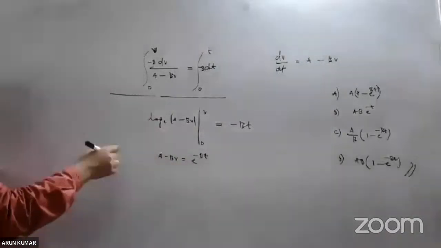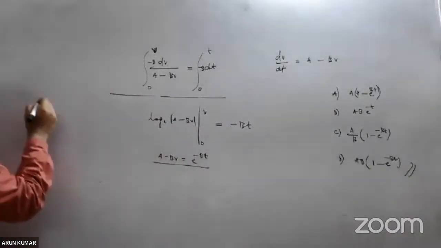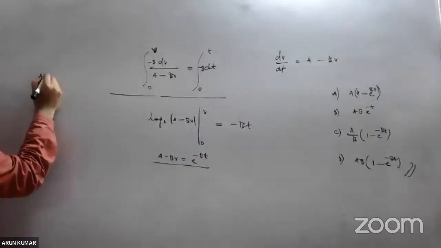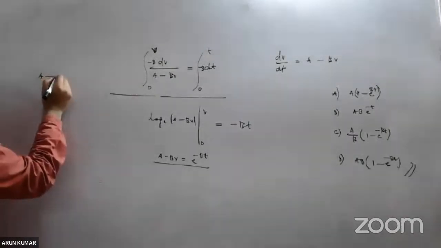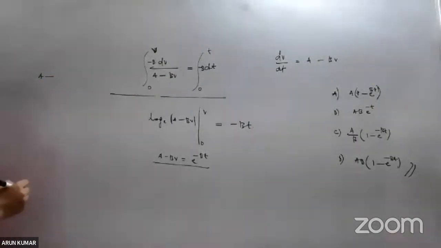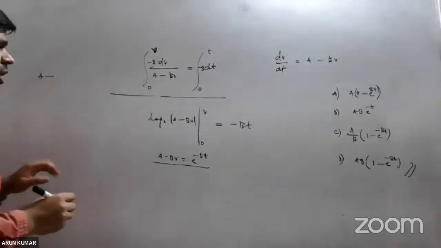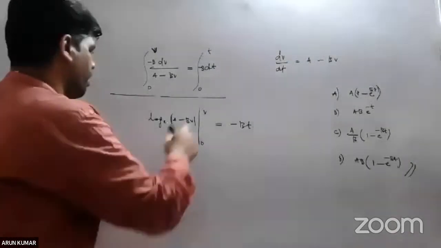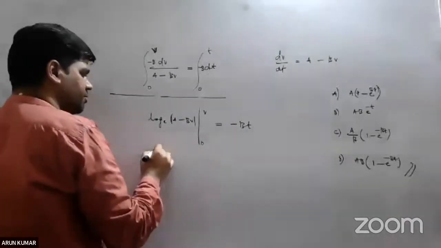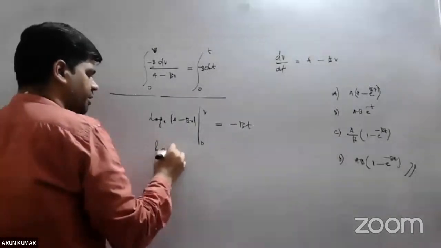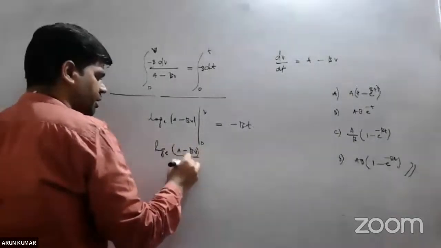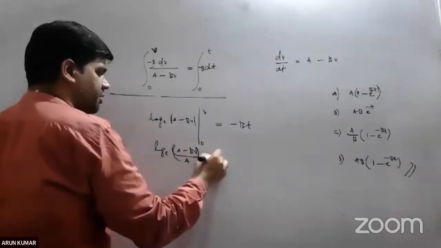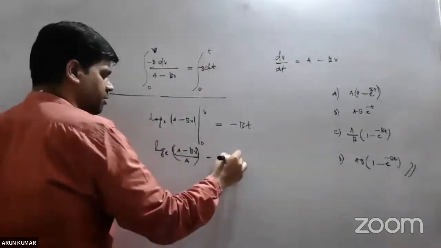I first substitute the limits, upper limit then lower limit. When the upper limit is substituted, ln of a minus bv by a is equal to minus bt.